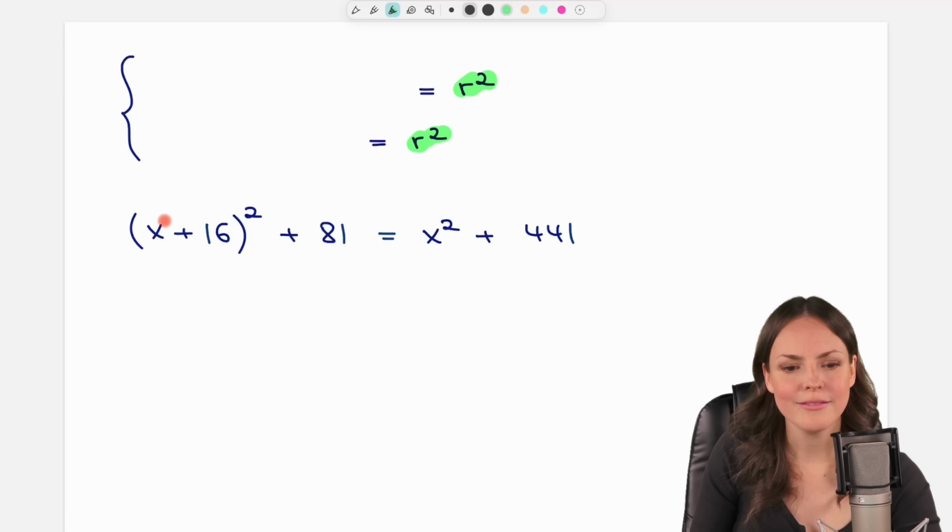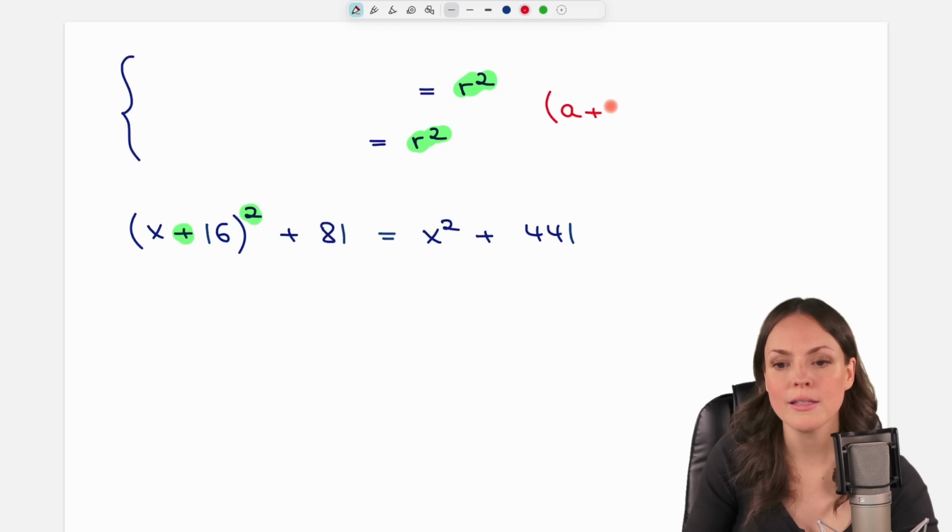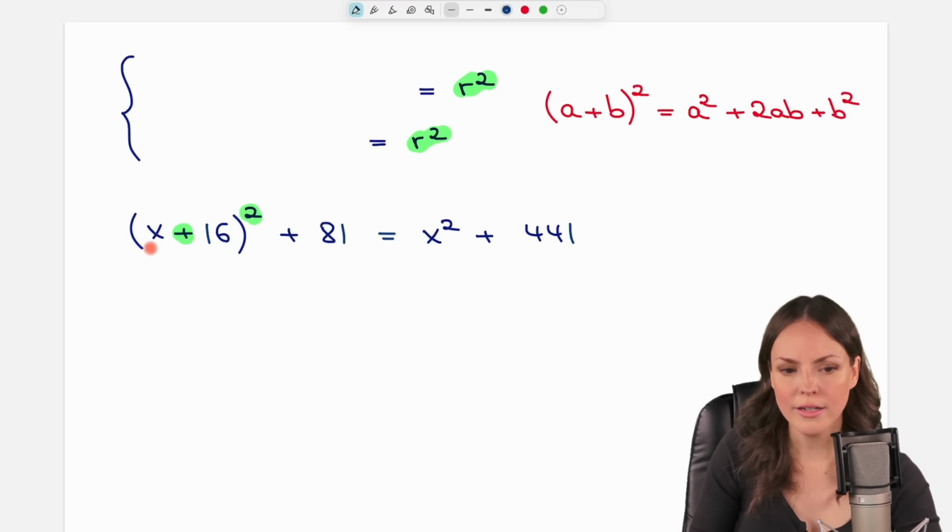Maybe we first get rid of these parentheses here. We have a sum that is squared. There is a formula for this special product here. So every time you have something like (a + b) and all of this squared, then you can simplify it by a squared plus 2ab plus b squared. So in our case, the first thing is going to be squared.